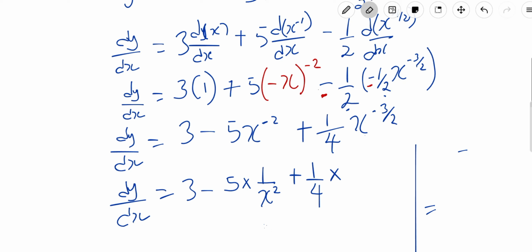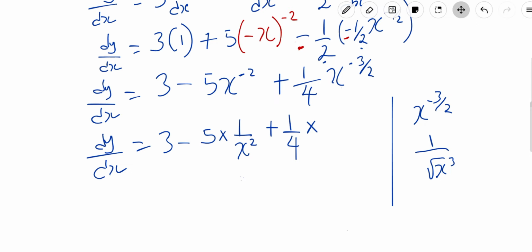let's transform what x to the power of negative 3 over 2 means. That simply means 1 over the square root of x to the power of 3. That's just basic laws of indices, where you have the function a raised to the power of m over n is equal to the nth root of a to the power of m.